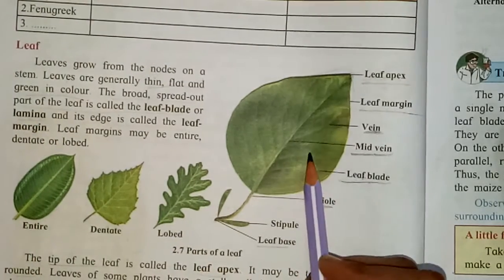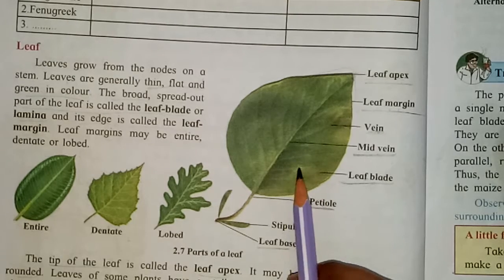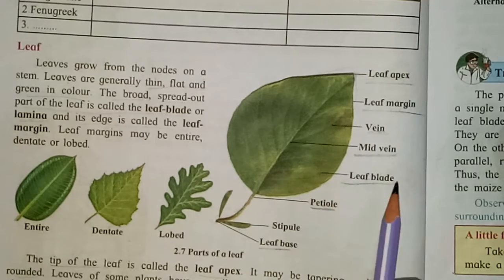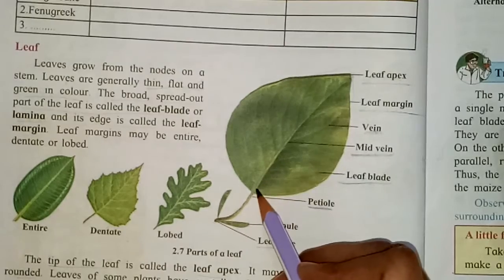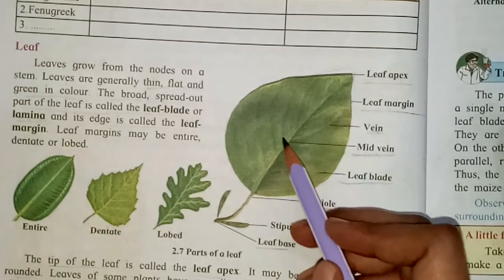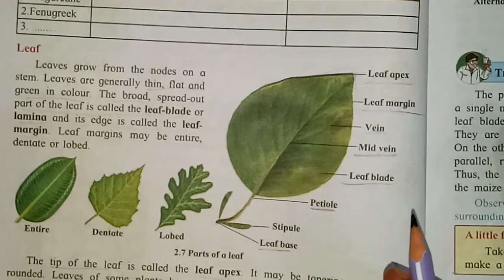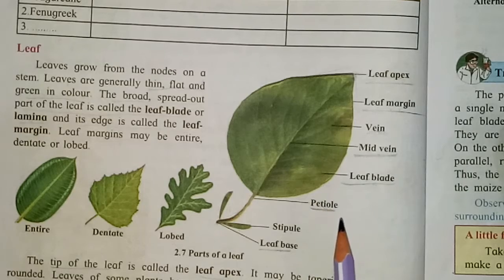Now this leaf blade may differ in different plants. As you can see, this leaf blade is divided into two parts. This vein separates the leaf into two parts, first part and second part. But many plants do not have these partitions.